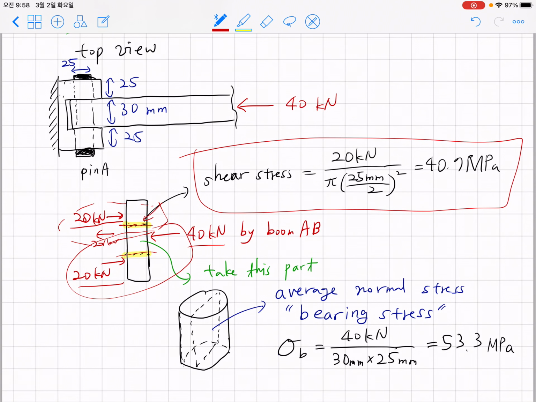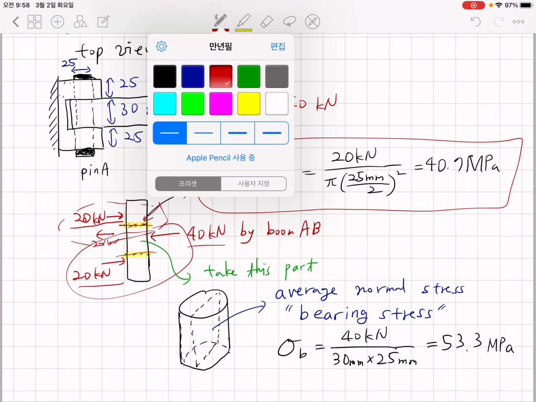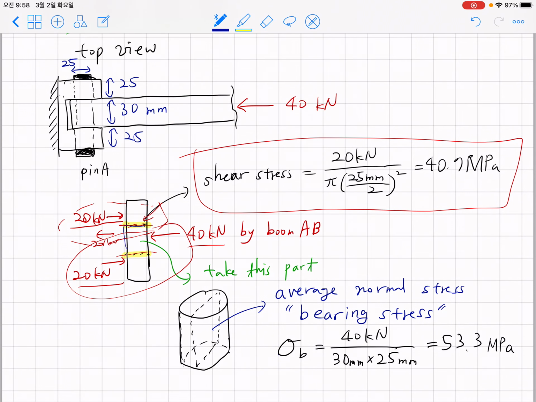Now, in addition to this shear stress, we also have to focus on the normal stress acting on this cylinder. If you take this part, you can expect there is 40 kilonewton acting on it, balanced by 20 kilonewton here and 20 kilonewton here.